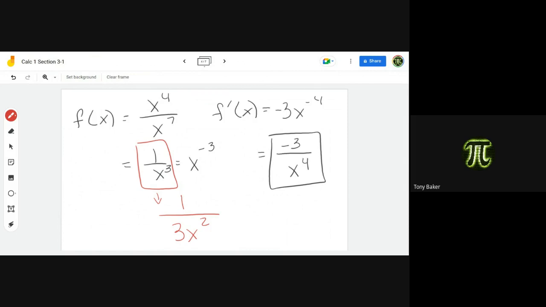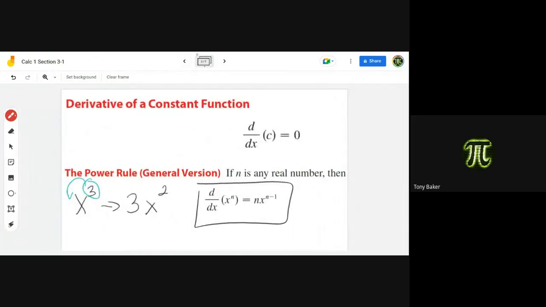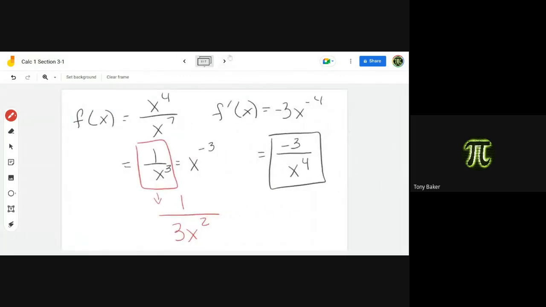The power rule doesn't have a division in it. The variable's got to be on the top. So if it's in the bottom, I need to bring it up top before I do the problem. That doesn't work because it doesn't come out to be the same answer. And the same thing with trying to split it up. If you had gotten 4x to the third over 7x to the sixth, not the same answer.